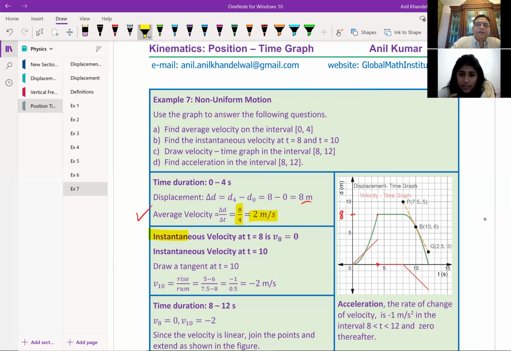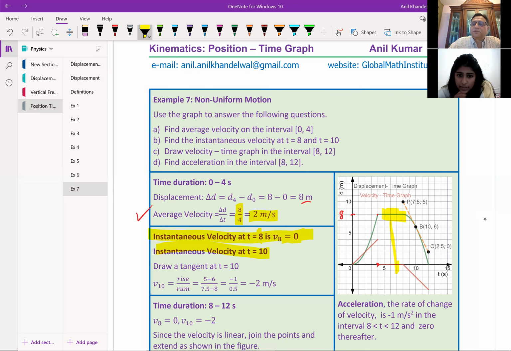Perfect. How will you find instantaneous velocity at t equals 8? You go to where t equals 8, which is a straight line. If it was curved, you would draw a tangent, but even if you draw a tangent, there would be no gradient, so it's zero.